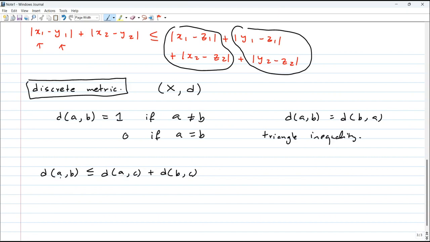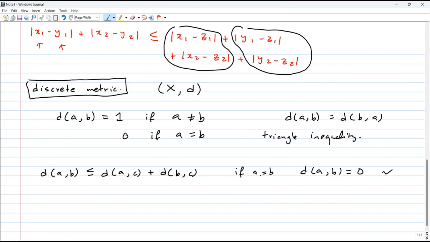If A is the same thing as B, then the left-hand side, the distance between A and B, is equal to 0. So there's nothing to check. The left-hand side is 0, and the right-hand side is always bigger or equal to 0, since it's the sum of two numbers that are bigger or equal to 0. So the triangle inequality is satisfied when A equals B.